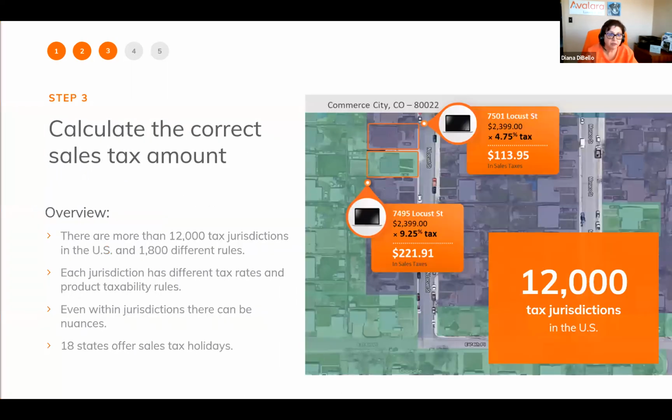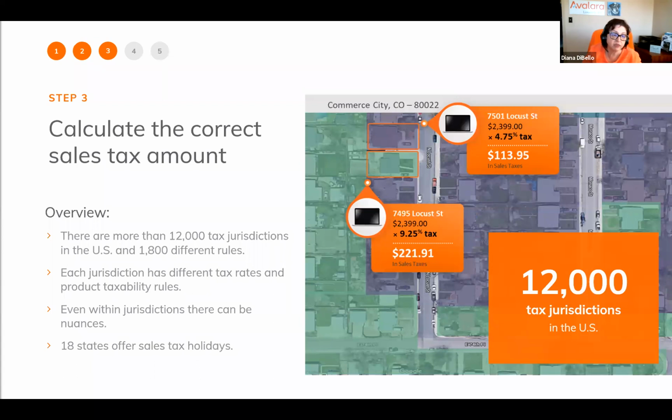So let's go on to step number 3. Step number 3 is calculating the correct sales tax amount. And this is mind-boggling at times. If you have a lot of locations or a lot of jurisdictions you have to manage, understanding all of the tax rates and the taxability rules is insurmountable.